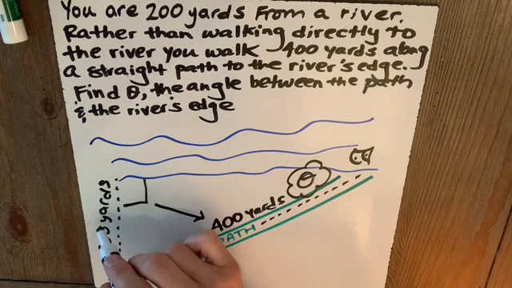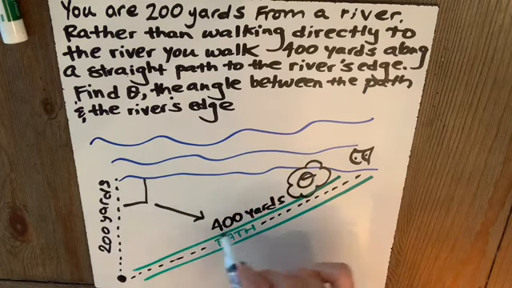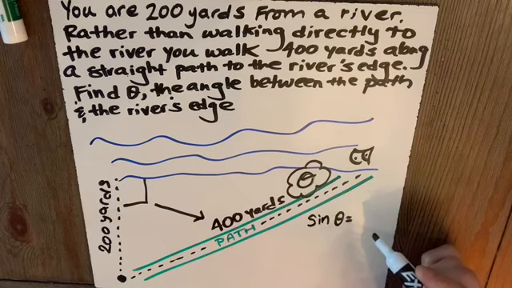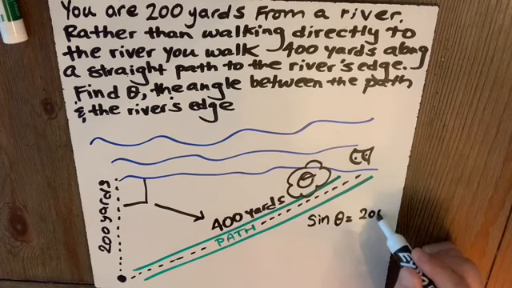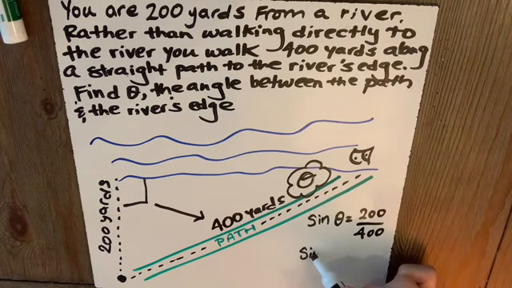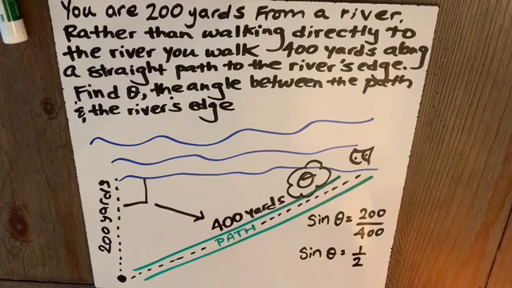Because I'm dealing with, from that angle's perspective, opposite and hypotenuse, I'm going to say sine of this angle is equal to opposite over hypotenuse. So sine of the angle is equal to 1/2 when we simplify. And I do know something about unit circles.